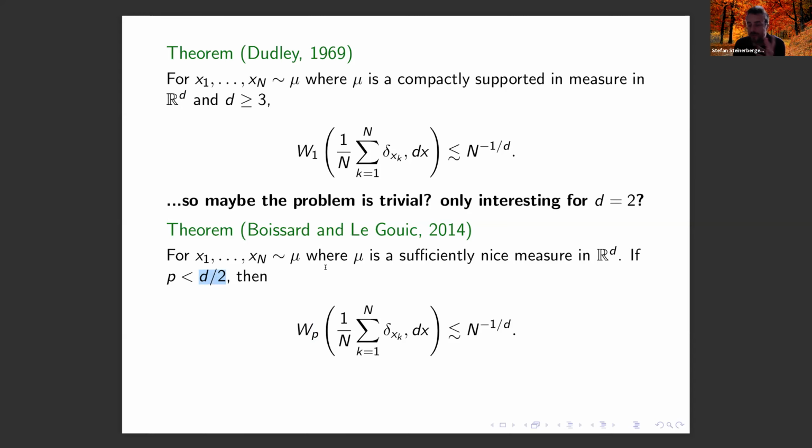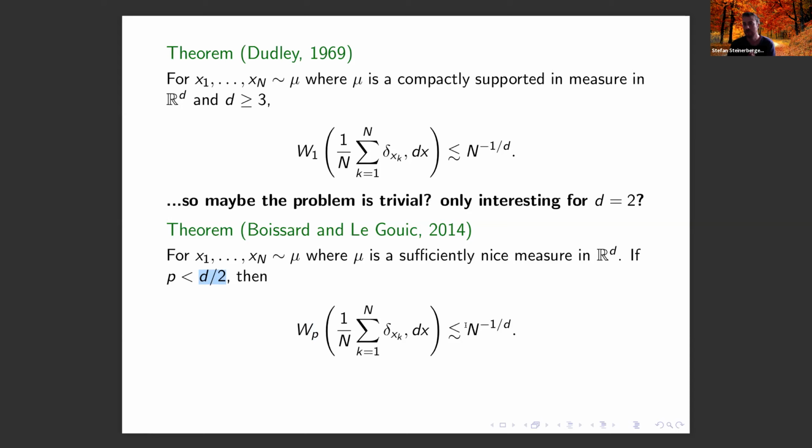Again, same setup, you have a nice measure in the unit cube, pick n random points. The case P is 1 is Dudley, and then you can dial up the P a little bit up to a certain range, and you still have it, but once P is sufficiently big, depending on the dimension, it gets harder. And random points won't do the job, they won't be a good construction.